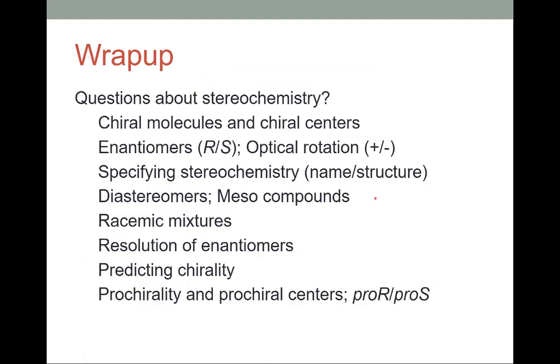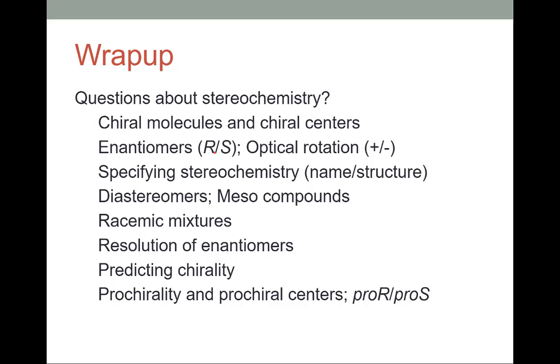All right, and so by way of wrap up, there's a ton of material in this chapter, and depending on how visual your mind is, you may need to take a lot of time to practice with those model kits. It's really valuable time that you can put in right now. So we talked in the beginning about chiral molecules and chiral centers and the concept of handedness, mirror imaging, enantiomers that are perfect mirror images of each other.